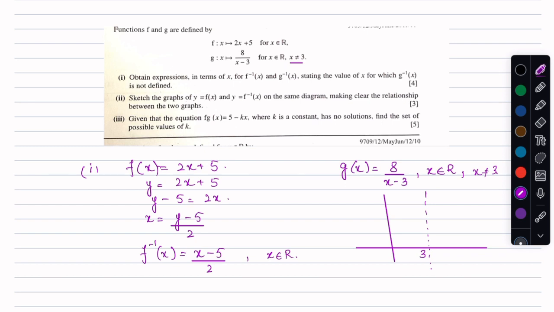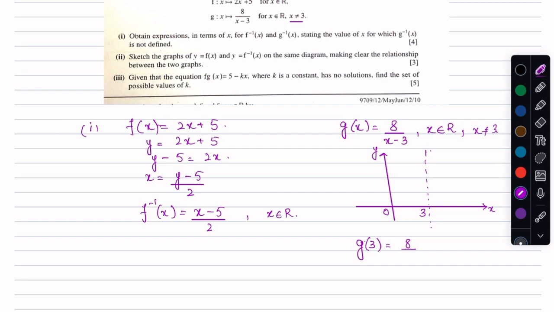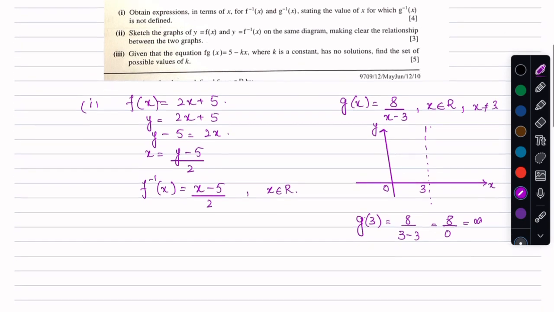If I substitute x as 3, this is 3 minus 3, so it's 8 divided by 0. Any number divided by 0 is undefined or infinity. So with x as 3, the function is undefined.